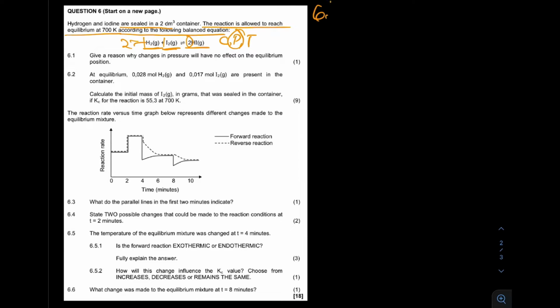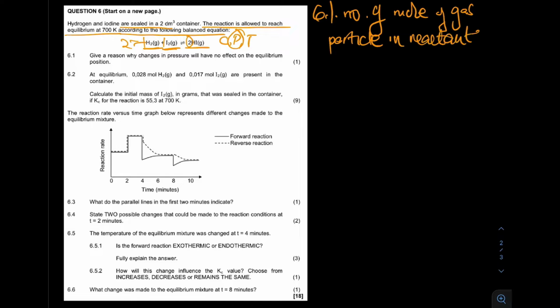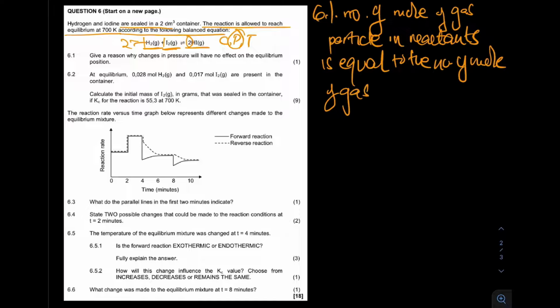Now 6.1, the reason is that the number of moles of gas particles in reactants is equal to the number of moles of gas particles in products, right?